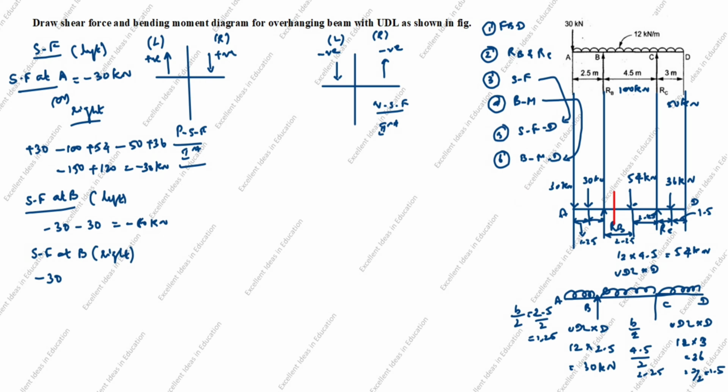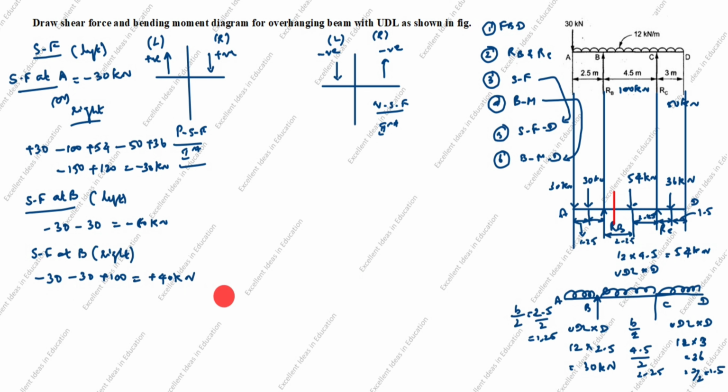Next, the arrow comes down, negative, minus 30. Next, the arrow goes up. Up on the left side is positive, plus 100, equal to plus 40 kilonewton. Up to here only, 3 forces only. So 40 is the answer.